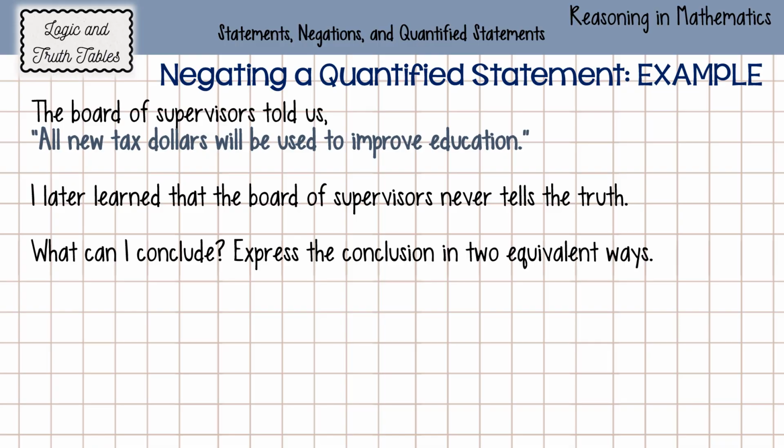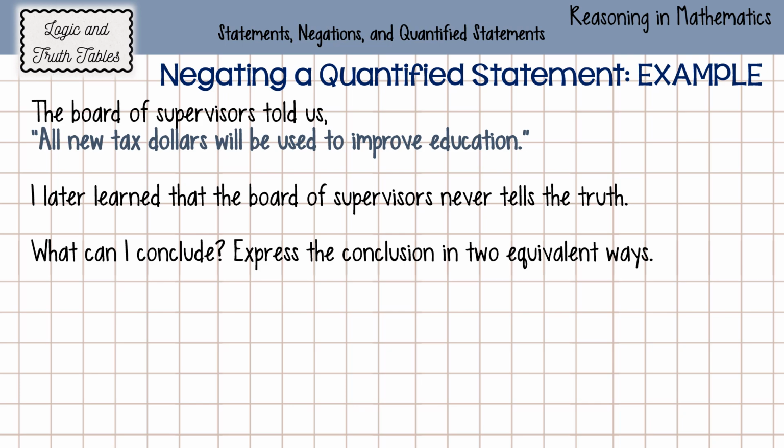Negating a quantified statement. Here's another example. The Board of Supervisors told us all new tax dollars will be used to improve education. Sounds like a good idea to me. I later learned that the Board of Supervisors never tells the truth. Boo on that. So we need the negation.